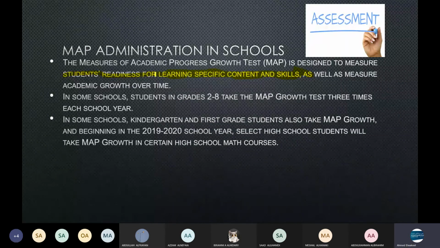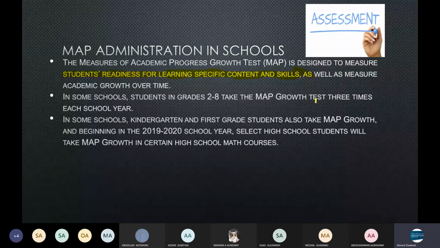Because after all, what you are studying in mathematics are only the basics. You didn't have any big theories or something like that. So we need to know your readiness for learning a specific content and a new skill for your whole life, as well as, of course, measuring the academic growth over time. Even in some schools, guys, students in grades from 2 to 8 take the math growth test 3 times each school year, as we have already spoken about.